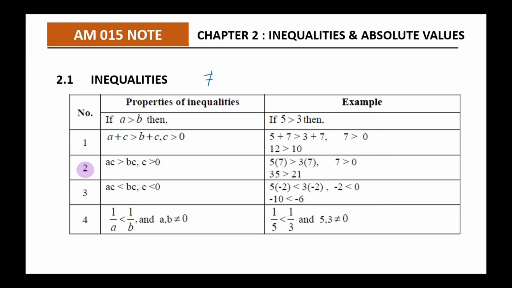Second property, A times C is greater than B times C for C greater than 0. Third property, A times C is less than B times C for C less than 0. And last one, if A is greater than B, then 1 over A should be less than 1 over B, for A and B cannot be 0.